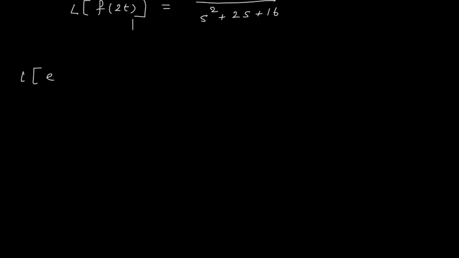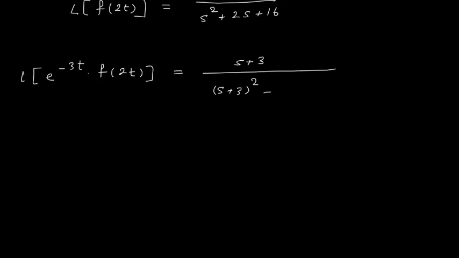Using the first shifting theorem, each s is going to be replaced by s plus 3. So here it will be s plus 3 divided by, here it is s plus 3 the whole square plus 2 into s plus 3 plus 16.